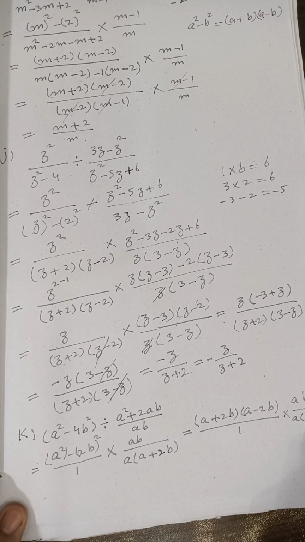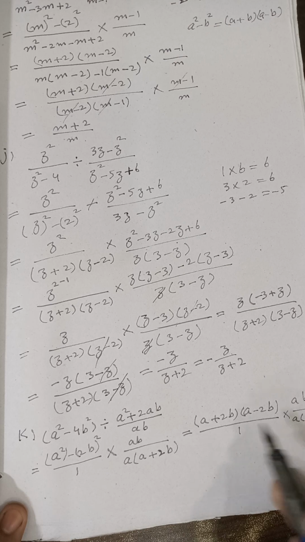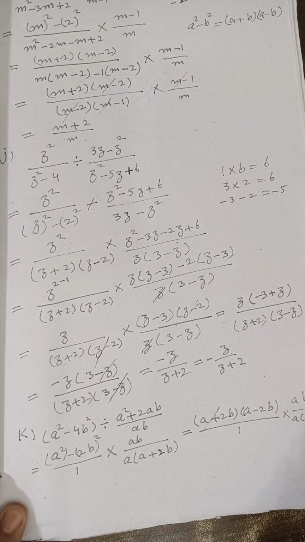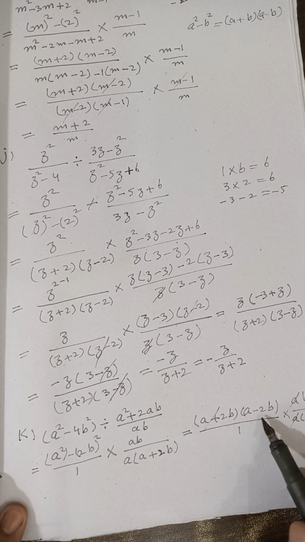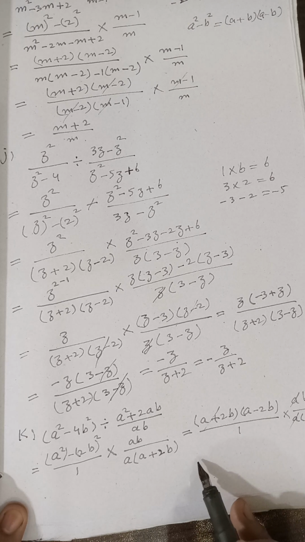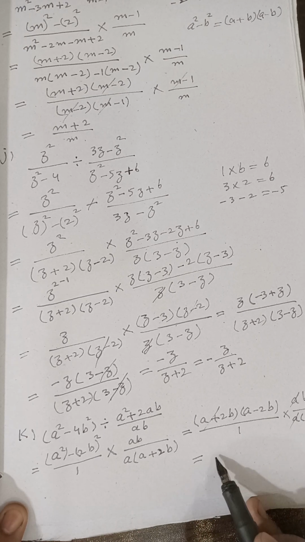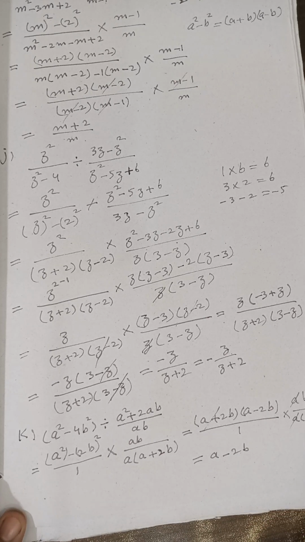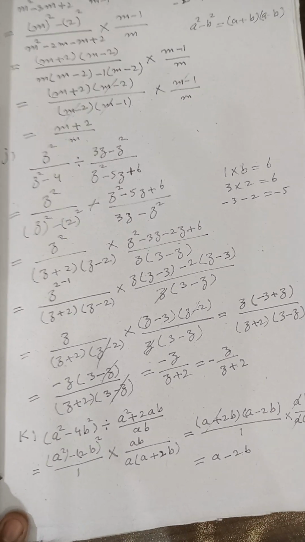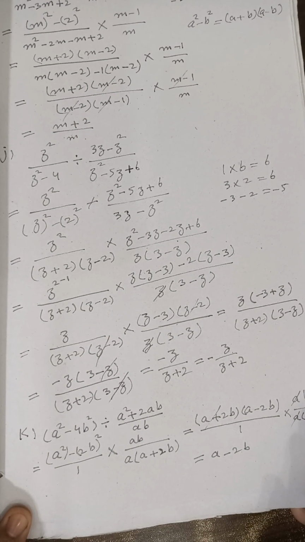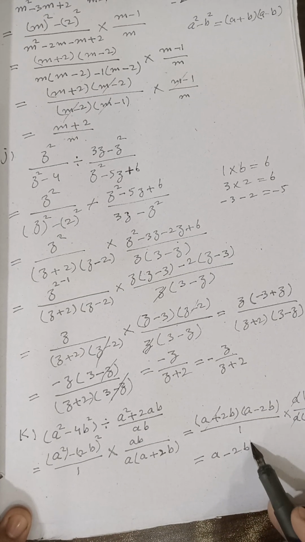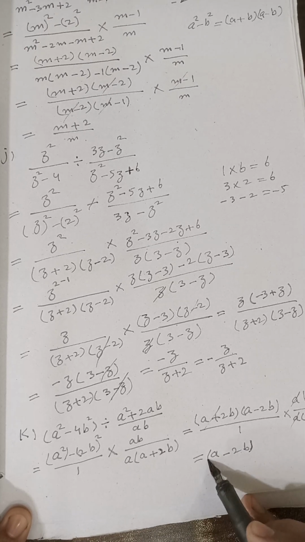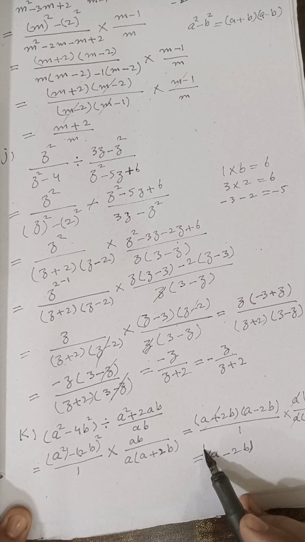Now see here, a plus 2b can be cancelled by this a plus 2b, and this a can be cancelled out by this one, and the only term in the numerator is a minus 2b, sorry, a minus 2b is the only remaining term, and also b is here, write b here along with it.